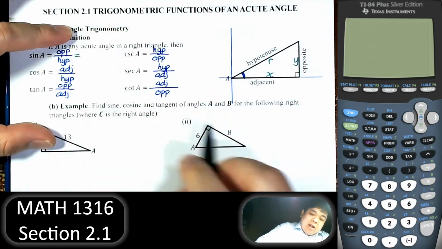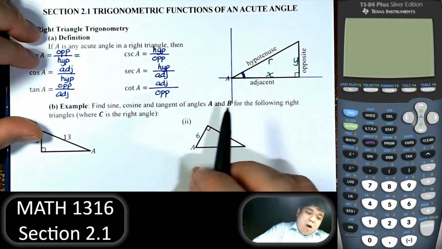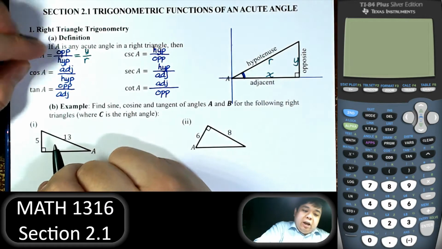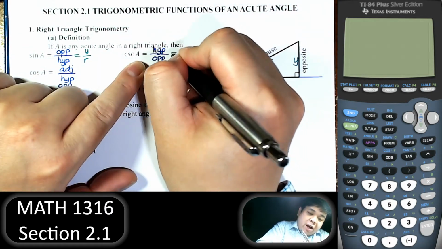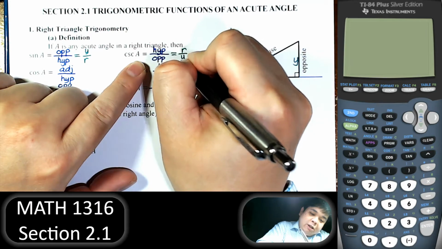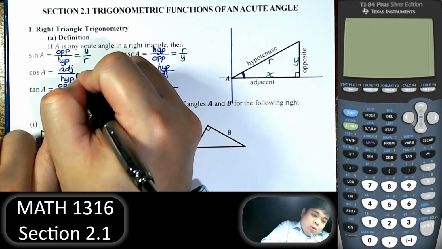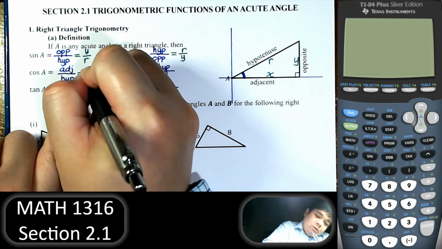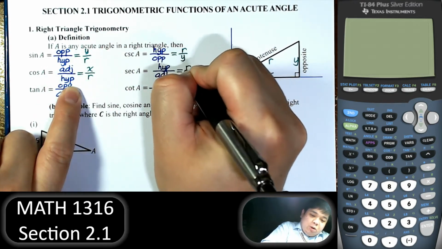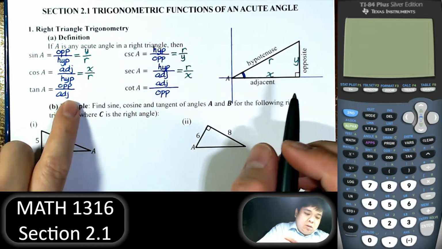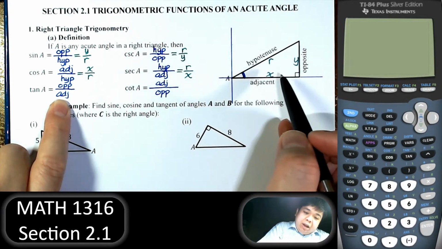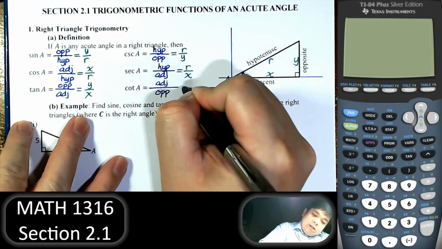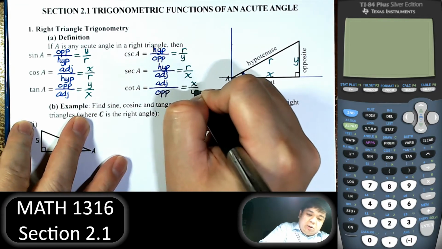So sine is opposite over hypotenuse, or y over r. Cosecant is the reciprocal of that, r over y. Cosine is adjacent over hypotenuse, x over r, reciprocal r over x. Tangent is opposite over adjacent, y over x, or x over y for cotangent.